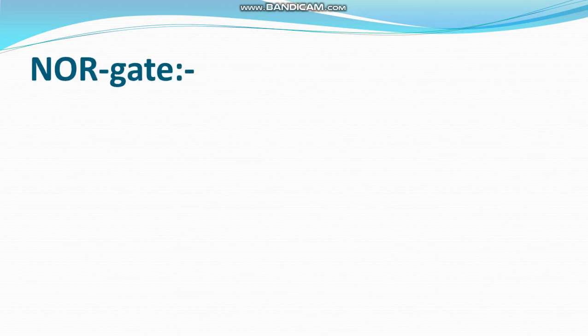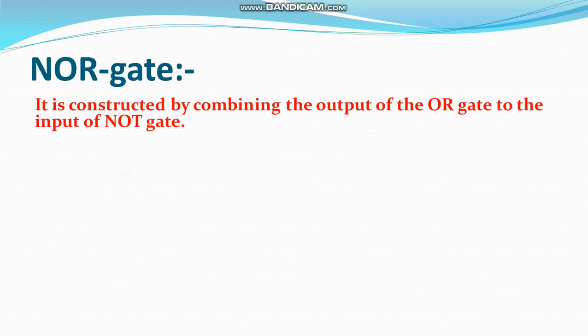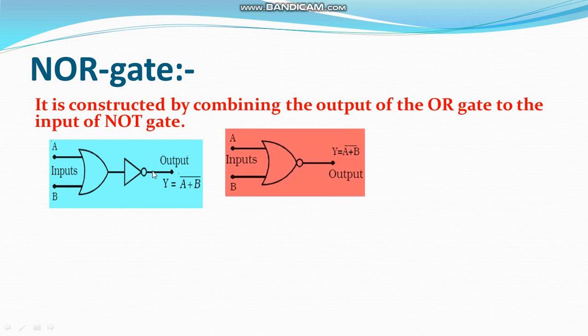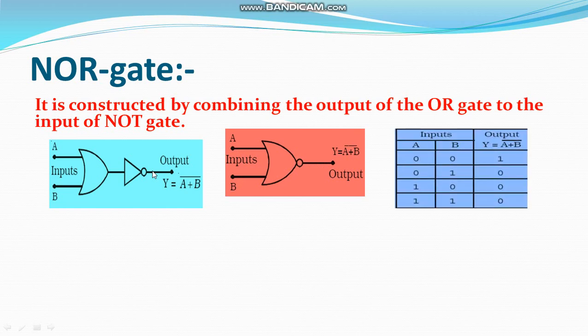NOR gate. This gate is also constructed by using a NOT gate in front of an OR gate. Here also, the OR output that you are getting, its inverse happens here. This is the symbol of the NOR gate. This is the truth table for the NOR gate.